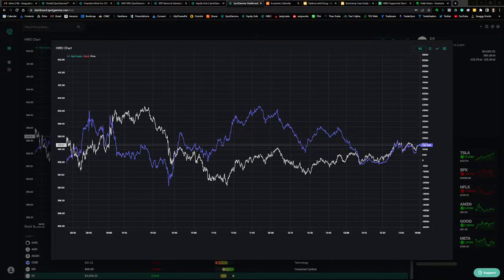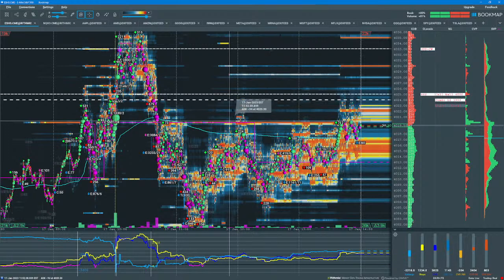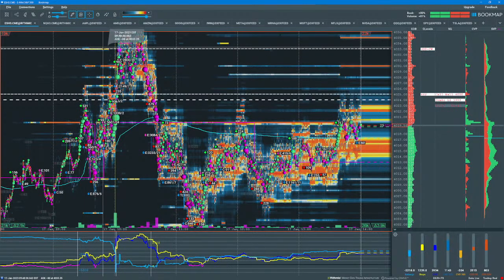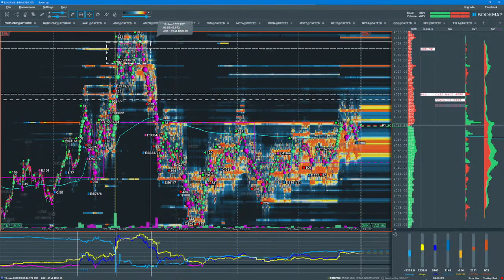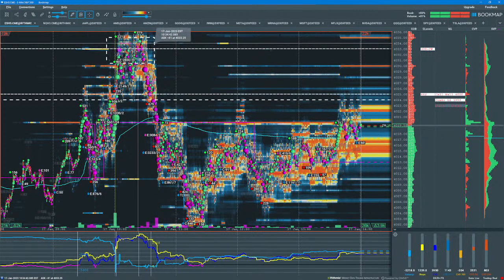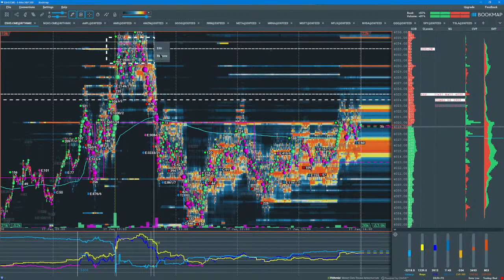All right, let's go back to Bookmap. So the way to look at this, I have the wrong line color here.